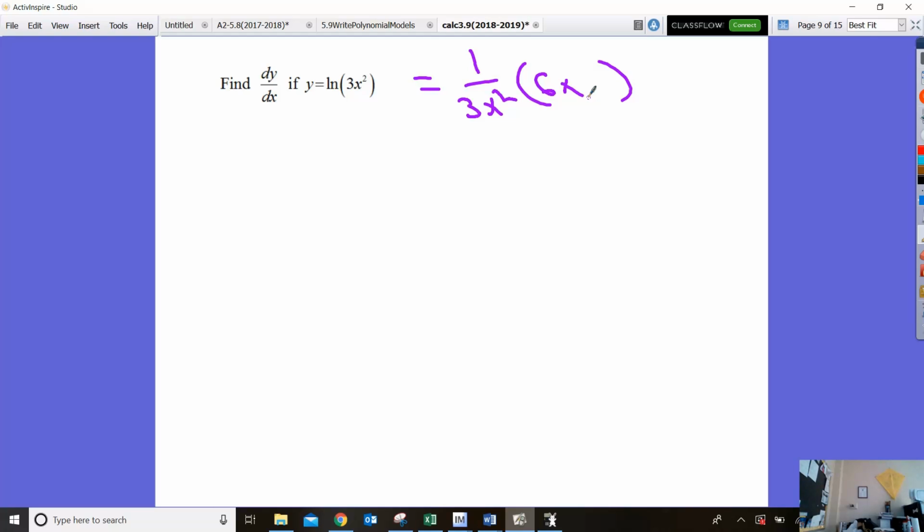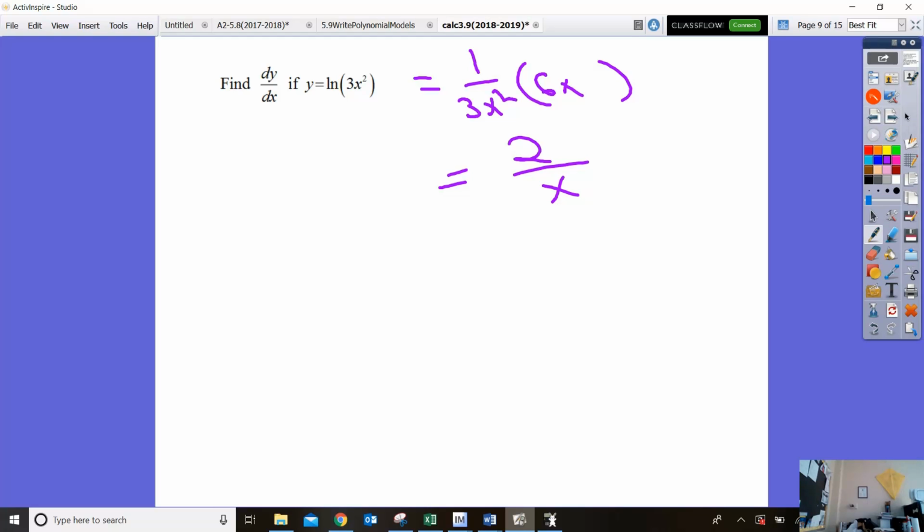Don't leave an answer like that. 6 over 3 is what? 2. You've got an x over an x squared. What's left? x. Now, if you want, we can do a whole lot more explaining on that. Elizabeth, do you need any more explanation? No. Okay. Anybody need any more explanation? Moving on then.